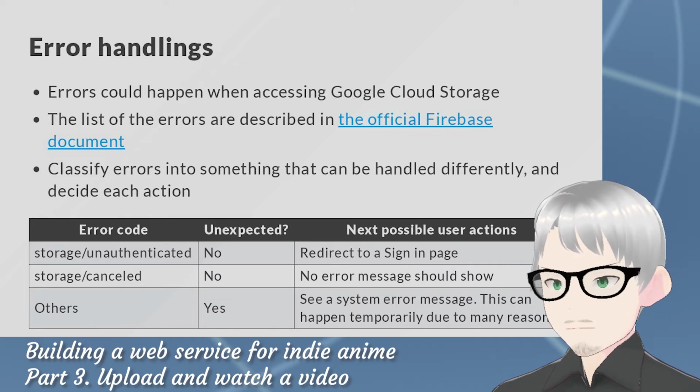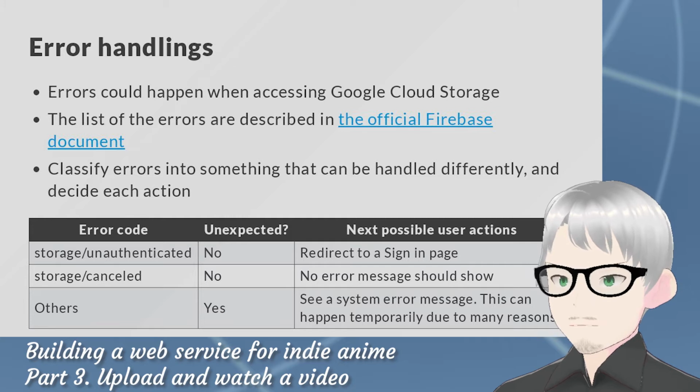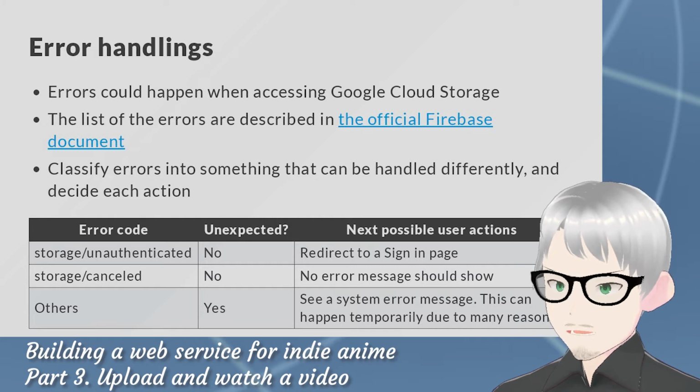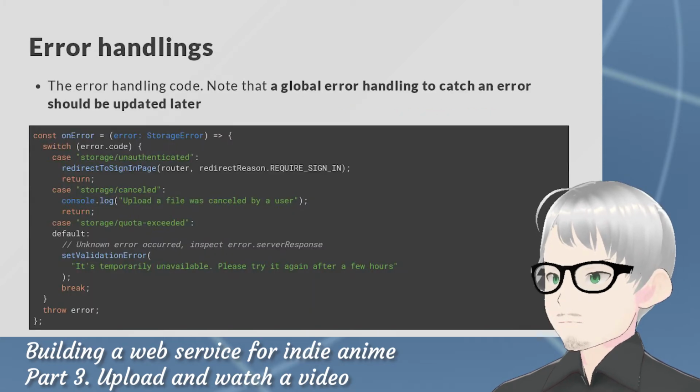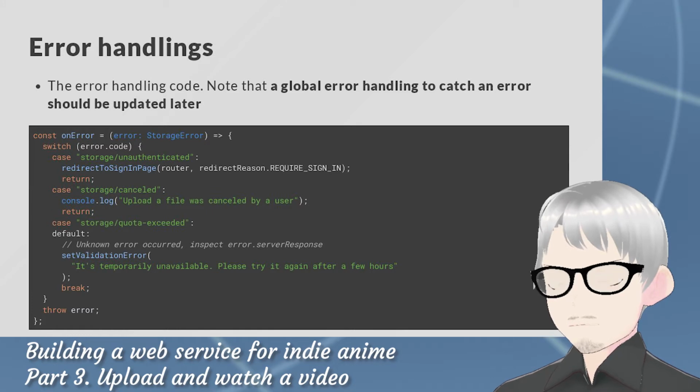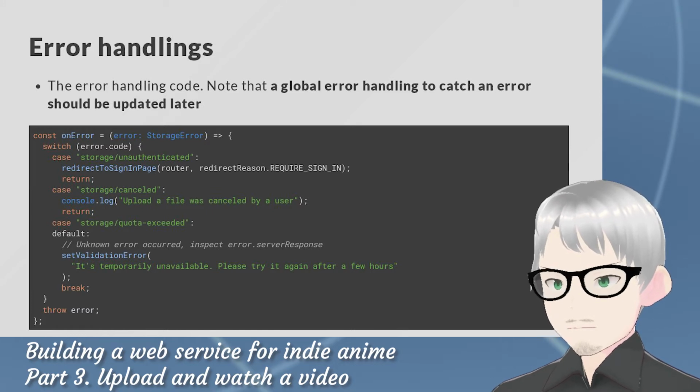But for other errors, users can't fix the error, so I just decided to show an error message. Unfortunately, this can happen temporarily from time to time, due to many reasons like the release of a new change. So this is the code to handle errors.